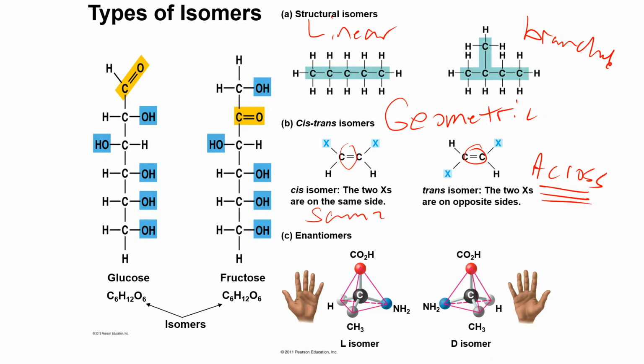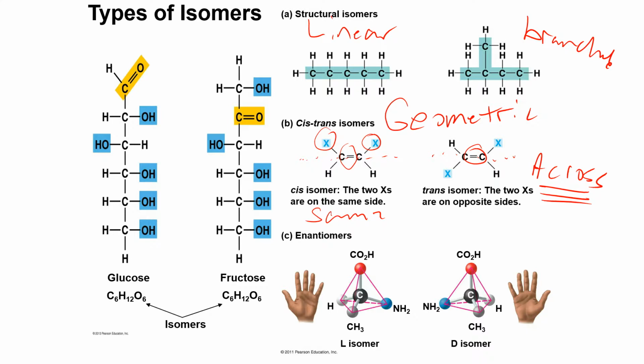So what you do to figure out if it's cis or trans, just put a plane down the middle of the molecule and look at these functional groups. Both these X's are found on the same side, so they're cis.